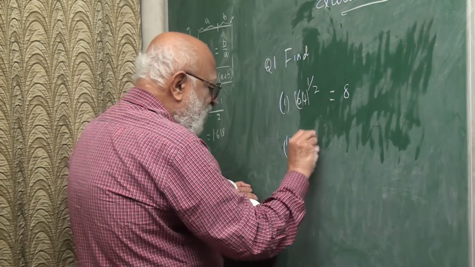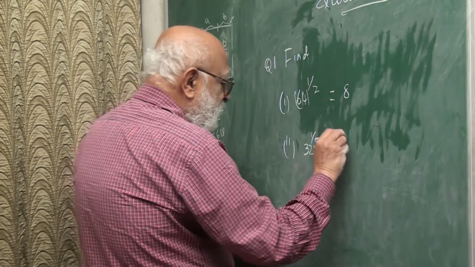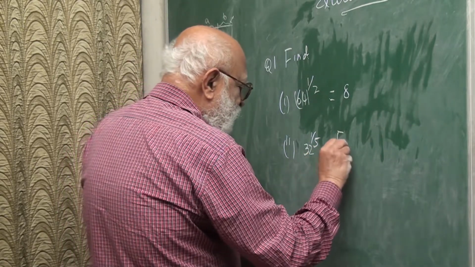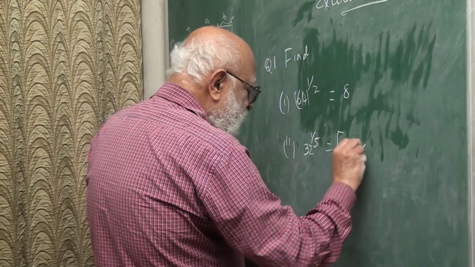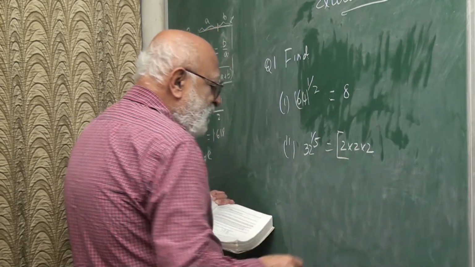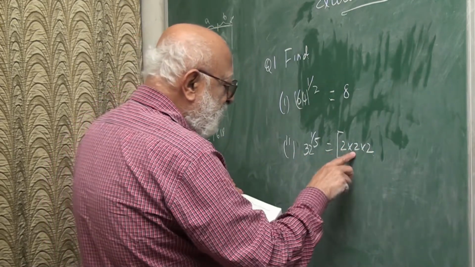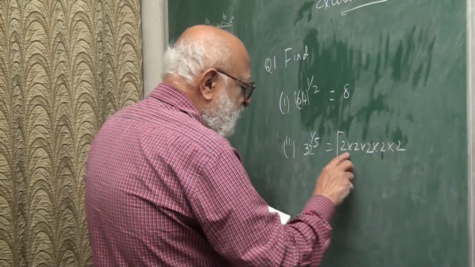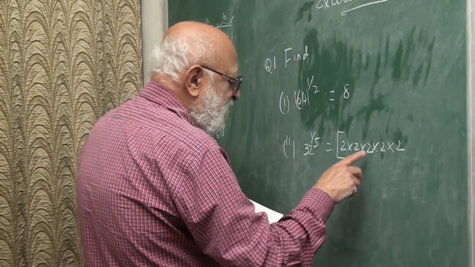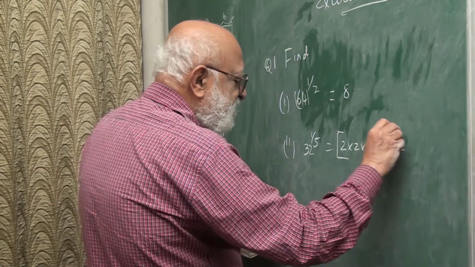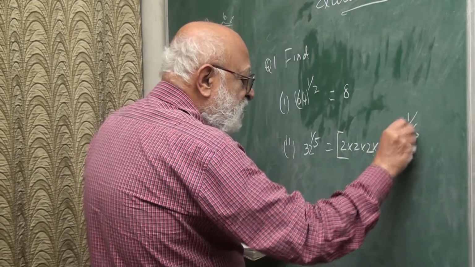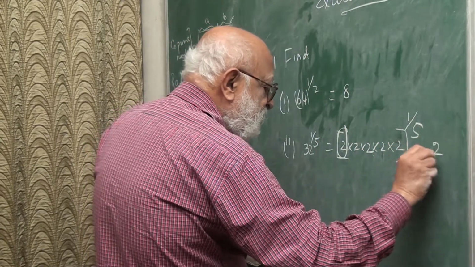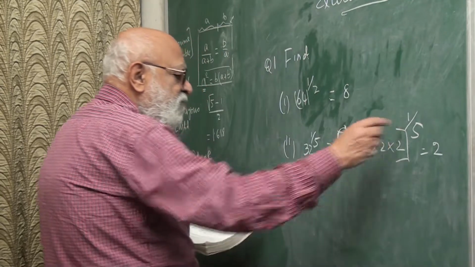2, that is 32 to the power 1/5. How will you do it? I will do it 2 into 2 into 2 into 2 into 2, right? That would be 4, 8, 16, into 2 is 32, it's the 5th root, so I select only one 2, that is equal to 2, because I have to do it 1/5 time.